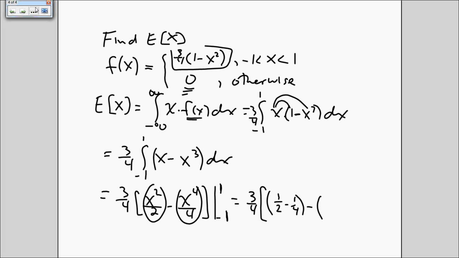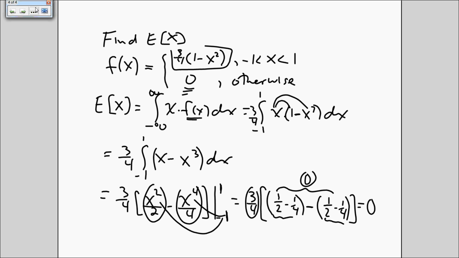Minus, when you plug negative 1 in for the x's, you get a half minus a quarter. Whether you know what a half minus a quarter is, you should at least know it's a number, and this is the same number. And when you subtract the same numbers, you get 0. And 3/4 times 0 is 0. The expected value is actually 0.